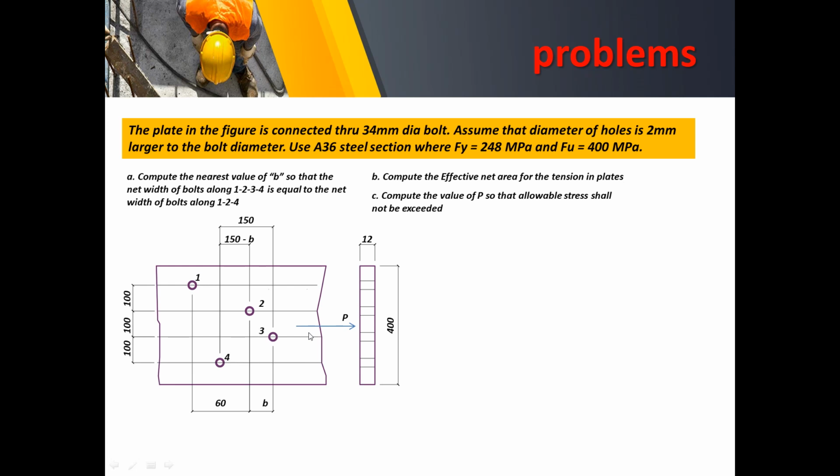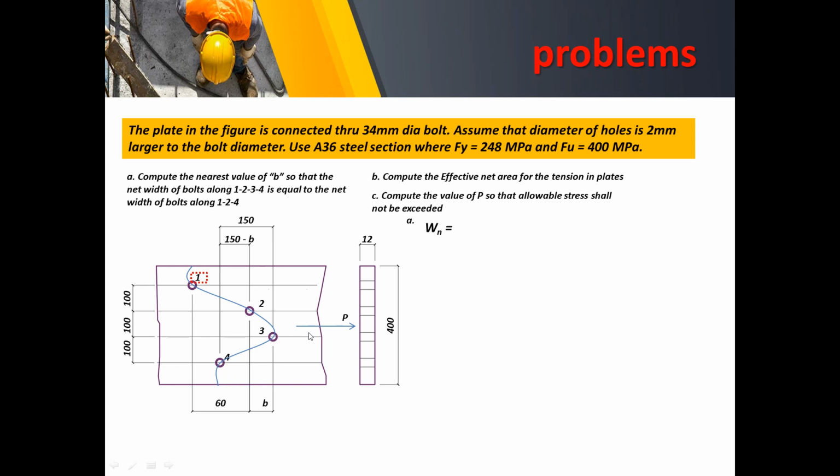So first things first, we're going to label all our bolts here and then illustrate a route. Say the route is 1, 2, 3, 4, and for that route, of course, we start from top to bottom. In here, we're going to work with the net width instead of the net area, since we must adhere to the condition of the first unknown, that the net width of the bolts along 1, 2, 3, 4 shall be equal to the net width of the bolts along 1, 2, 4.